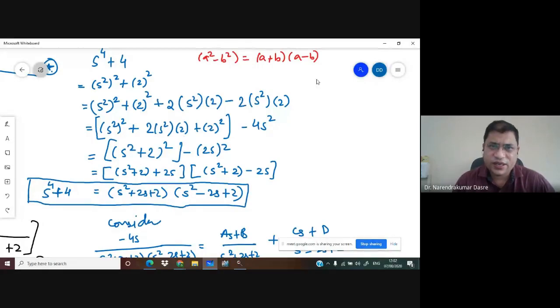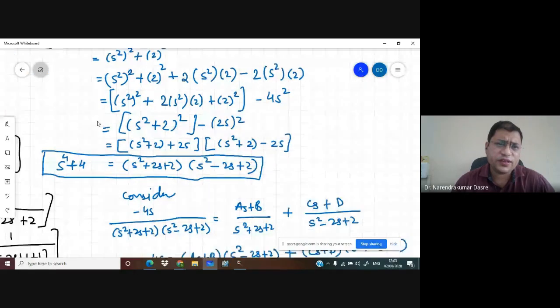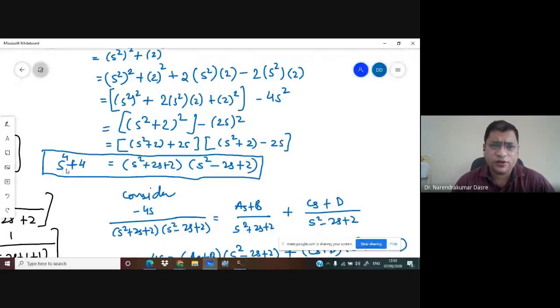So here again we get the formula a square minus b square. So we can split this a square minus b square as a plus b into a minus b. And then if we simplify this, we get the factorization of s raised to 4 plus 4 as s square plus 2s plus 2 and s square minus 2s plus 2.